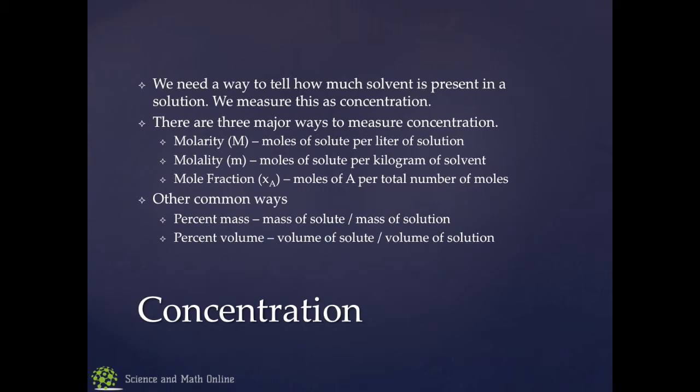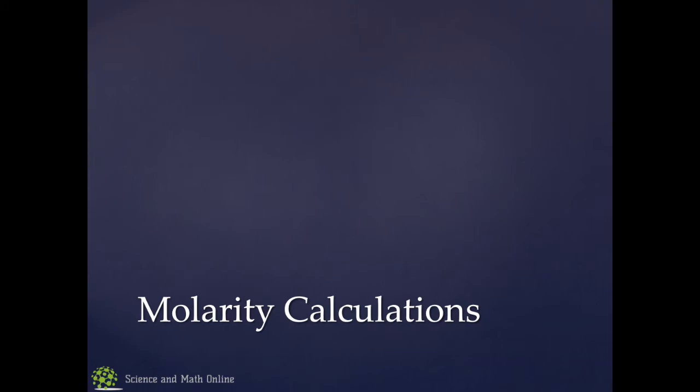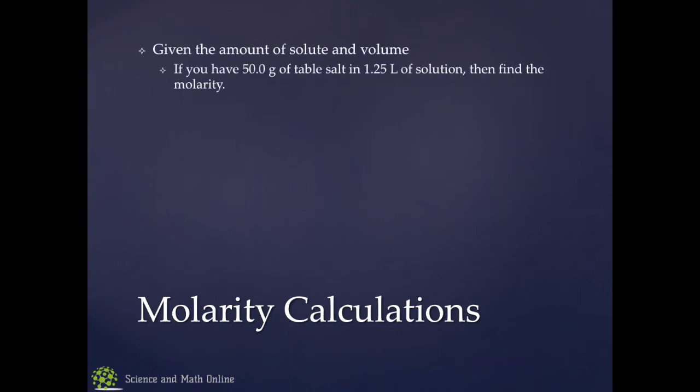Right, let's actually look at doing molarity, because like I said, it's the most important one that we're going to be using in chemistry. So given the amount of solute in a volume, so if you have 50 grams of table salt and 1.25 liters of a solution, find the molarity. Well, molarity is defined as moles per liter.